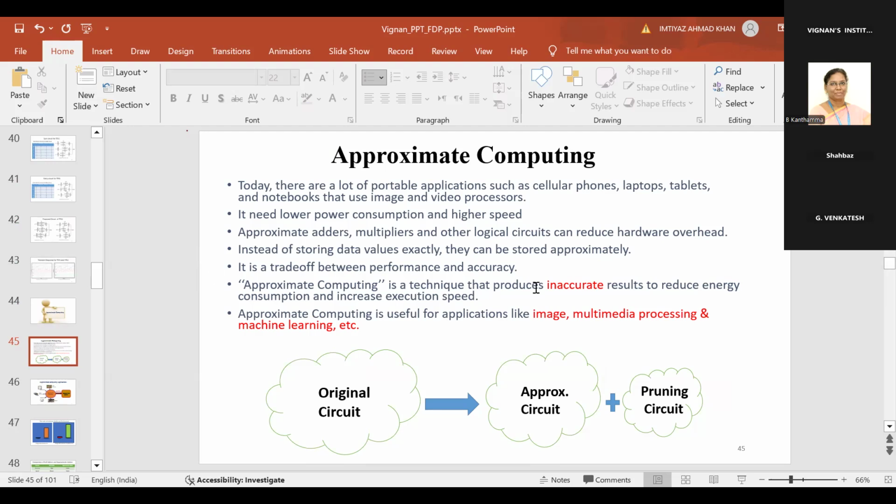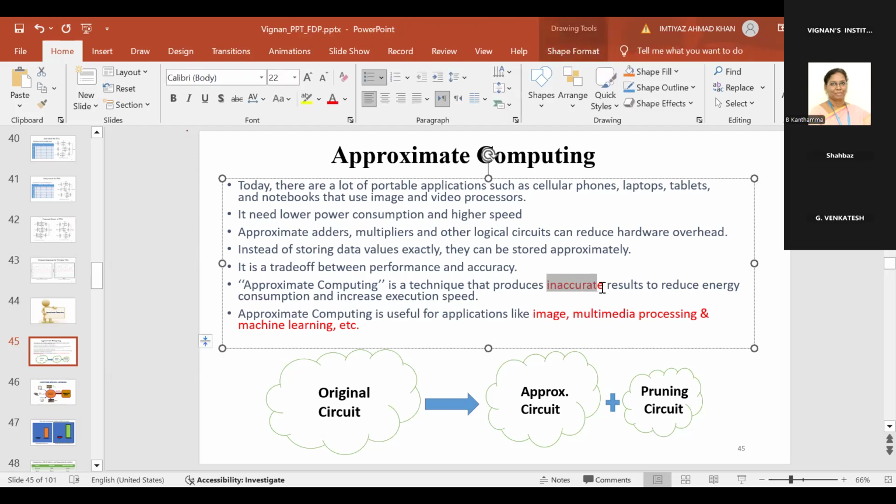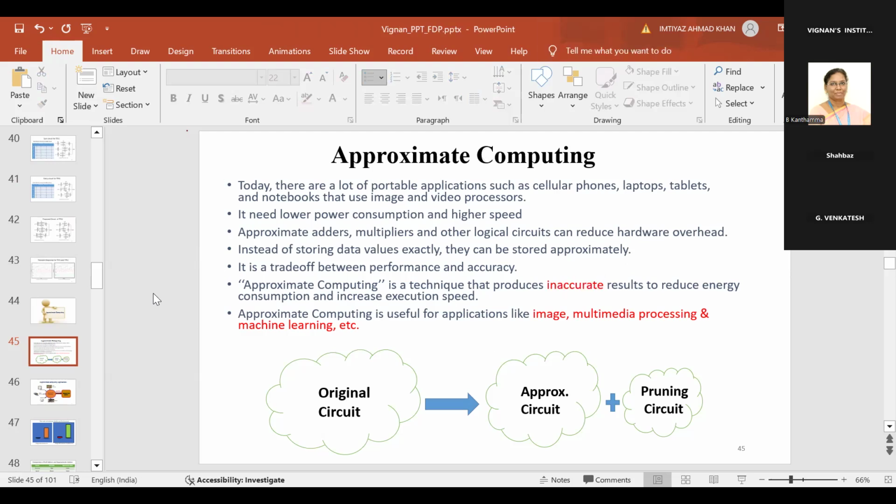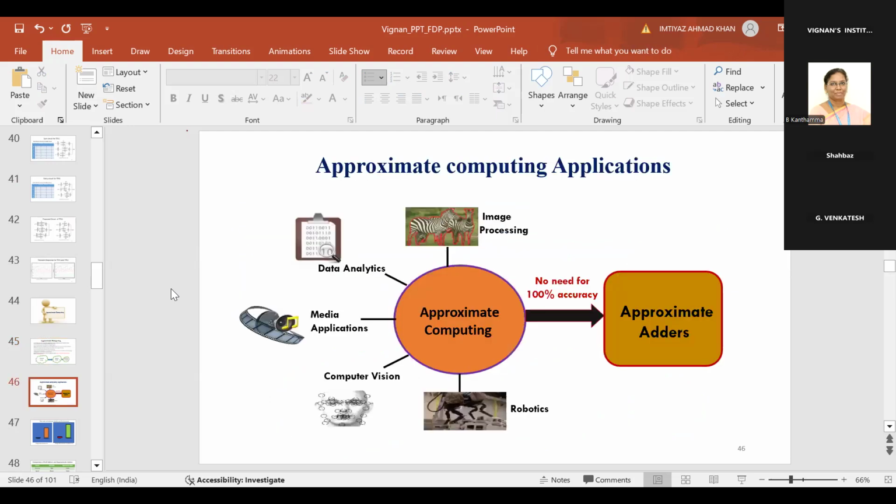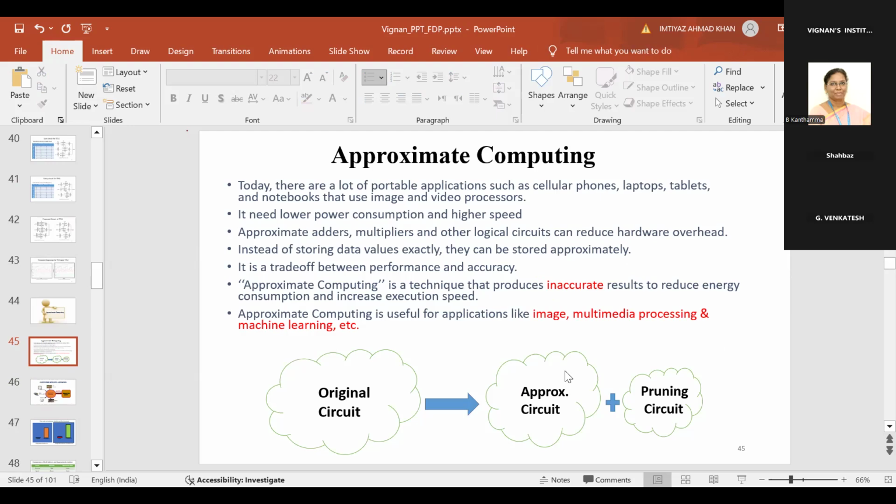It is a technique that produces inaccurate results to reduce energy consumption and increase execution speed, but with some wrong values. This is not exact. I have explained previously that everything was exact, but now I will explain everything as approximated. In the original circuit, some portion has been removed, giving an approximate circuit, with some pruning of circuits.